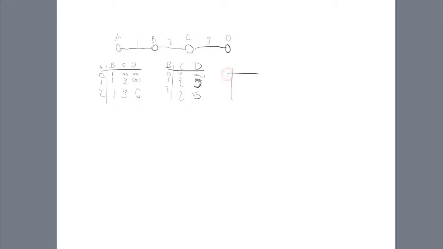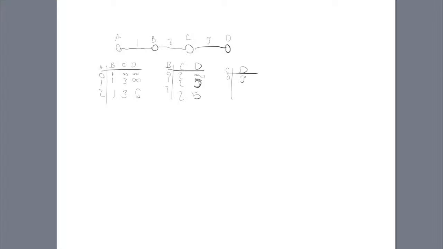And then finally for C, we're just looking at the one in front of it. It already knows. Now, you'll notice from A to D, in other words, to get all the information of the entire graph, it took 3 iterations.